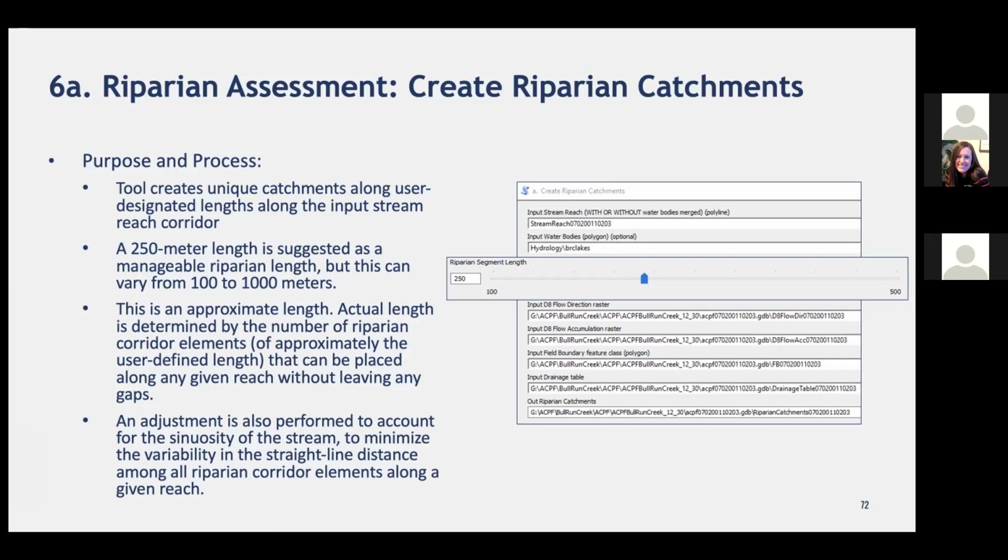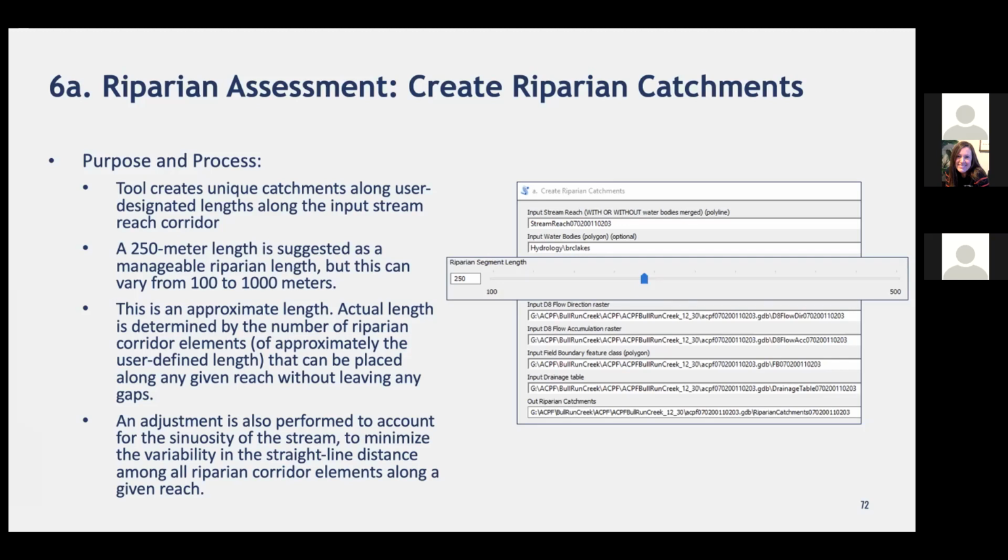The riparian segment length for each one of these catchments can vary between 100 and 500 meters. There's a 250 meter length value that is the default value for these, but that again can be adjusted by the user. The riparian catchment lengths are approximate lengths.